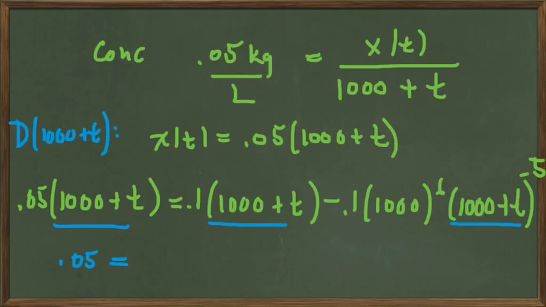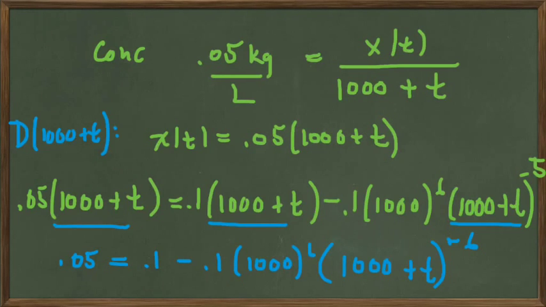0.05 equals 0.1 minus 0.1 times 1000 to the 6th power, and it puts the unknown t only into this one term, 1000 plus t. We divided it by 1000 plus t, so now it becomes to the minus 6th power.